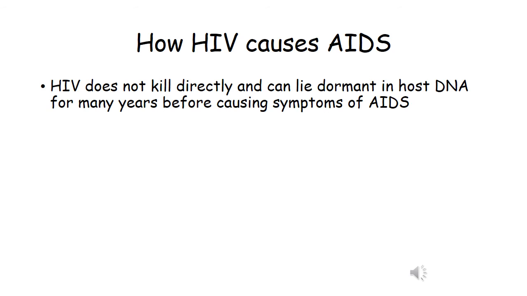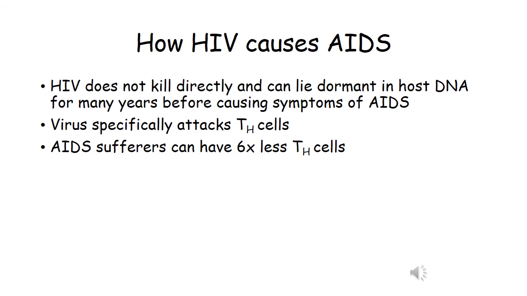So the virus specifically attacks the T helper cells, as we have described before. Because it infects these T helper cells, they are then damaged, dead, destroyed. When the HIV is creating new copies of itself, the T helper cell is not able to do its job.